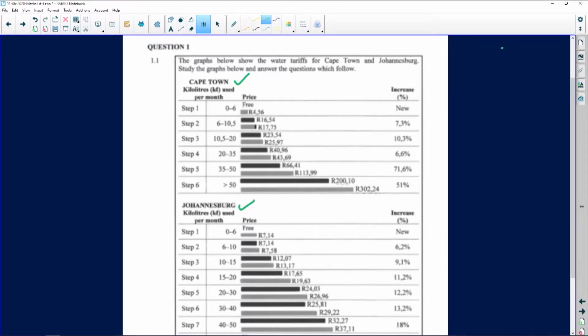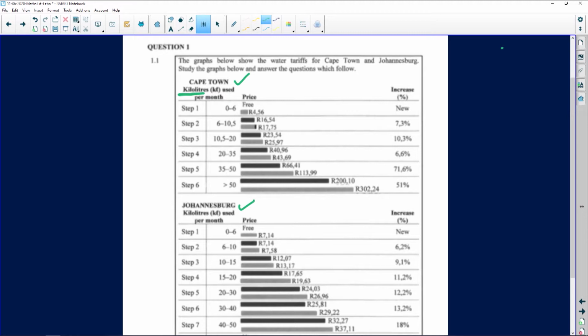Let's go and see what we are comparing in these two cases. So here it says to us in step 1 that from 0 to 6, but we need to know exactly what we are talking about. It's from 0 to 6 kiloliters. Okay, so this is the graph that compares Johannesburg and Cape Town, and it shows the water tariffs that we are working with.